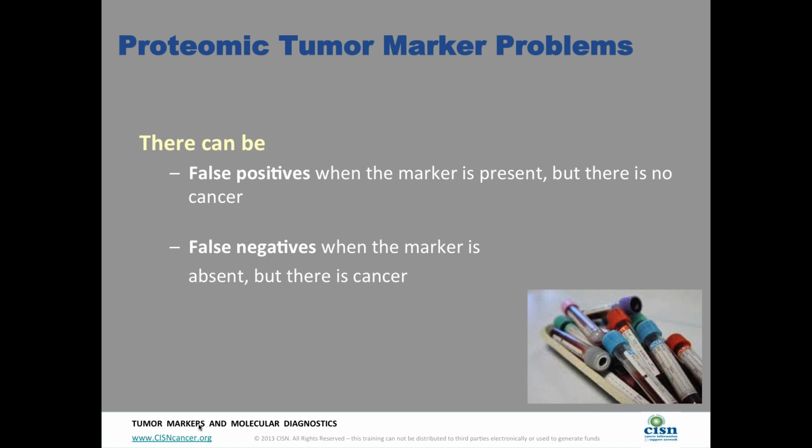False negatives are just as big a problem. That's when the marker is absent, but there is cancer, and in that case, you're just kind of out of luck if you were counting on that value to be significant. So it really is one of those problems with proteomic tumor markers, and hopefully we'll move through that as quickly as we can.